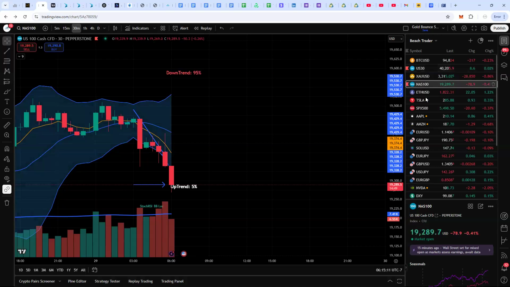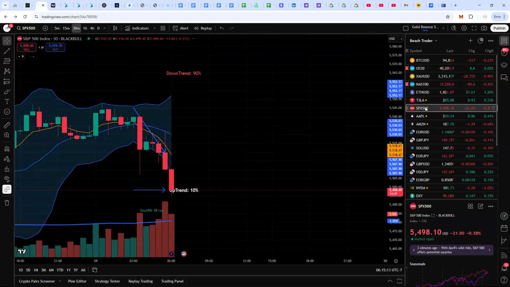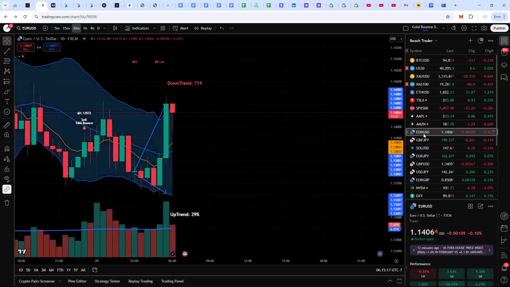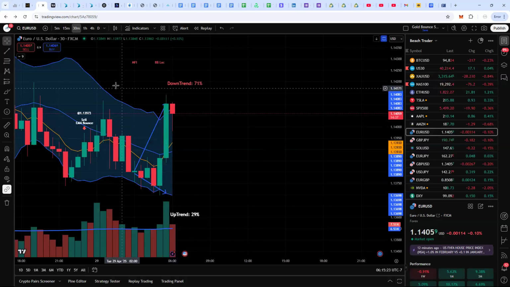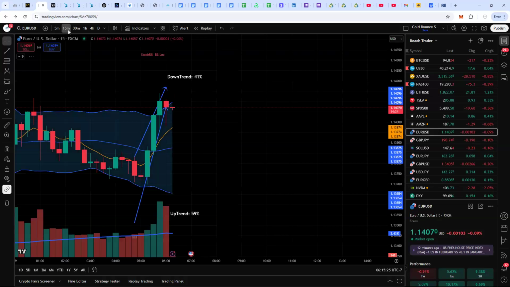And we see the US30, NAS, and SPX are all dropping like it's hot. Let's see, Euro USD. The Euro was beating at these last two candles, and now it's kind of as high as it's going to go, it looks like.